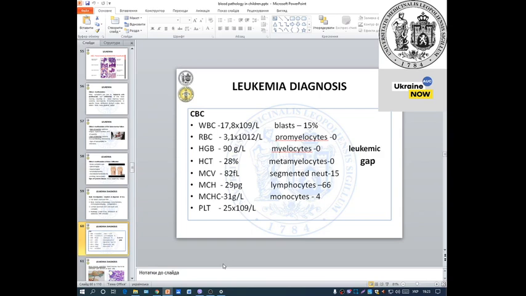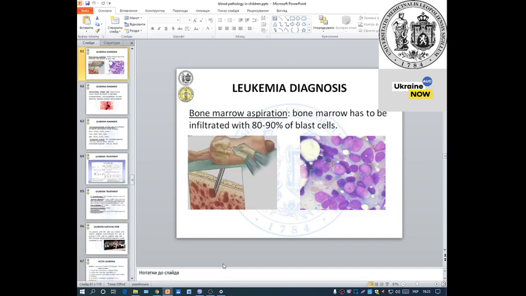Complete blood count usually shows anemia, thrombocytopenia, abnormal white blood cell count with leukemic hiatus. Bone marrow has to be infiltrated with 80 to 90% of blast cells.